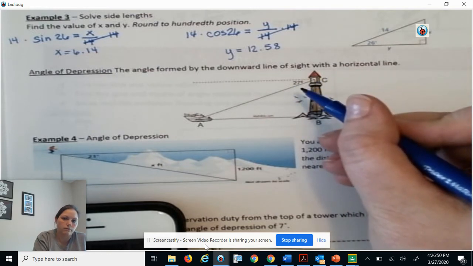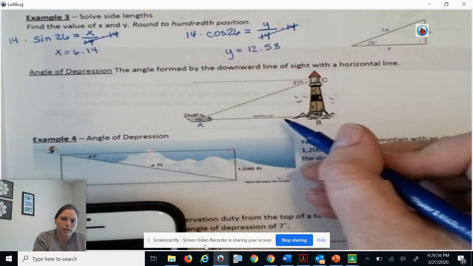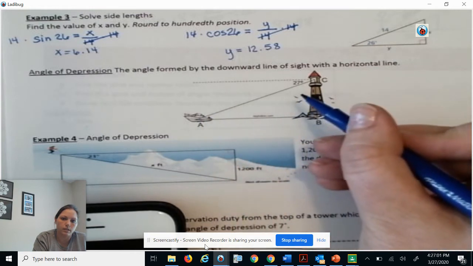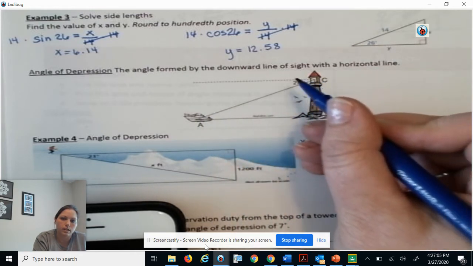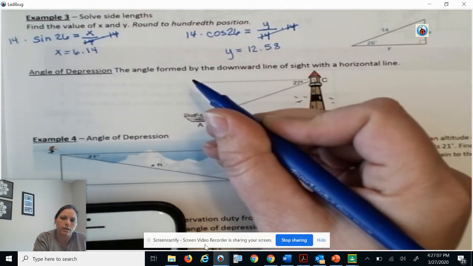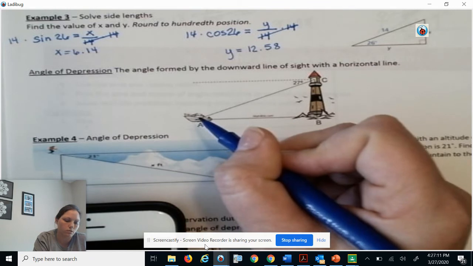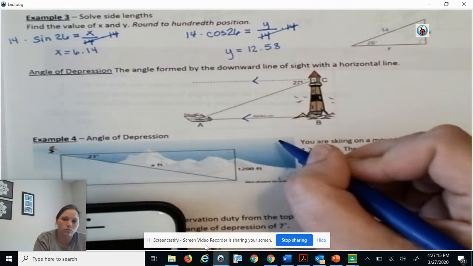Okay, the angle of elevation is the opposite of that. We would be on the boat with a straight ahead sight line at the ground, but we look up at the lighthouse. So your straight ahead sight line at the top of the lighthouse and your straight ahead sight line on the boat are going to be parallel, right?